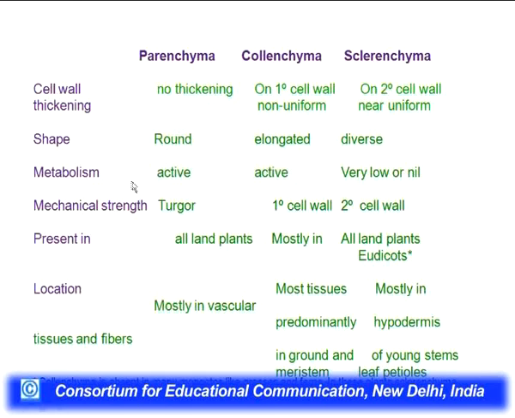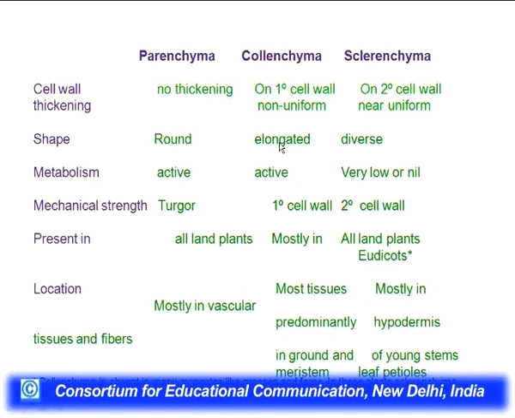There are more differences. Look at the shape. Most parenchymatous cells are usually round or close to round. On the other hand, most Collenchyma cells are elongated.